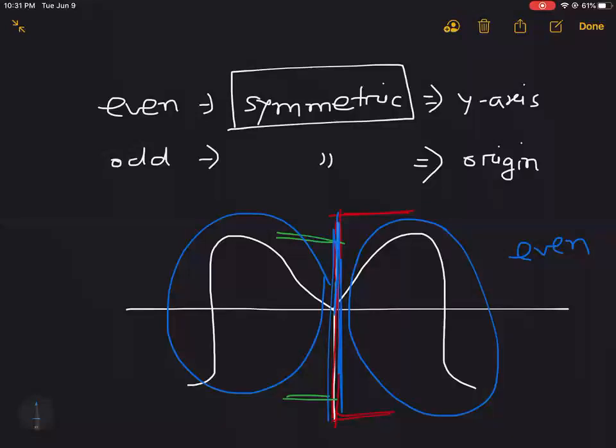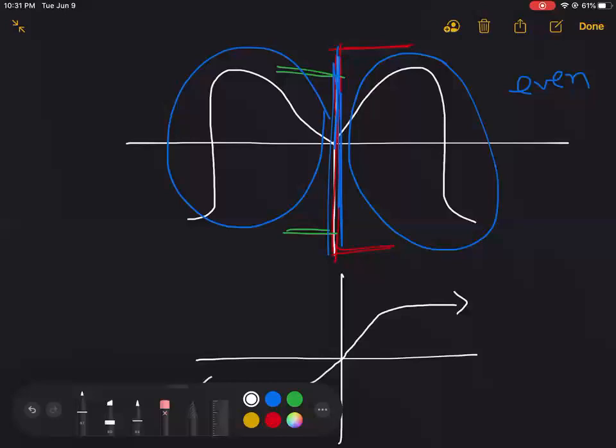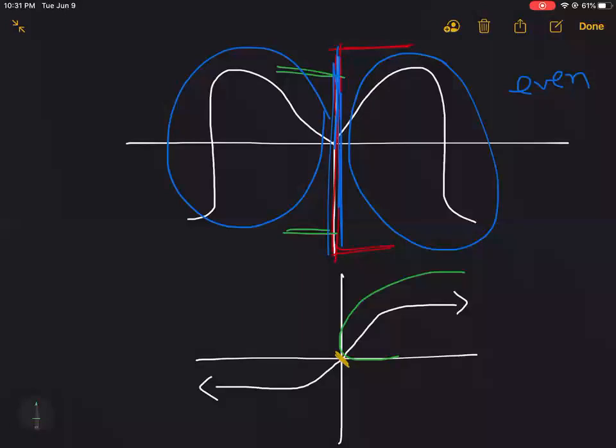For odd, let us see one example of that as well. Okay, now, with respect to the origin, which is this one, if you take this part and this part, again, as you can see, this looks like a mirror image, and it does look exactly the same way, right?